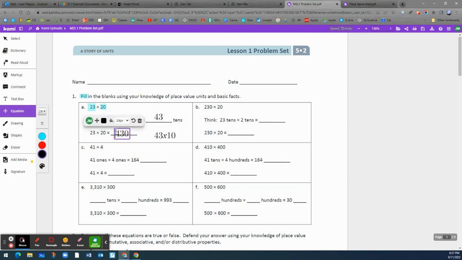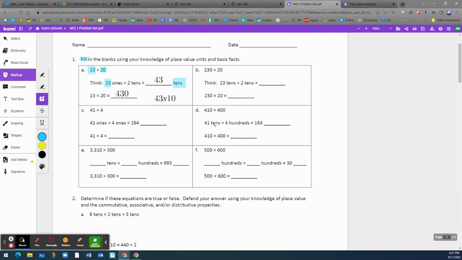So we have to write the answer as the standard algorithm, which is the one that I'm just showing you, and we have to write it as units, and these are the units that we wrote it by. Let's do D. D is multiplying 410 times 400.